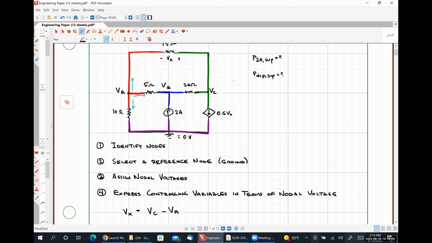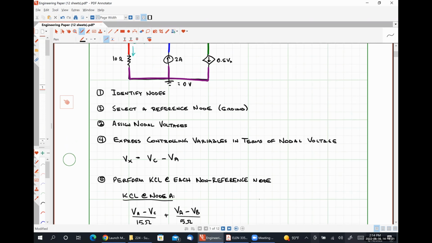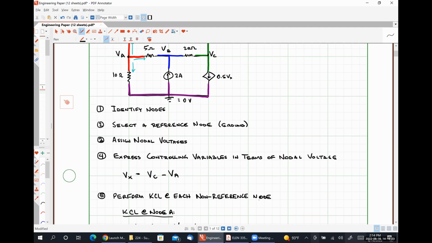I'm going to do something similar here for the current flowing through the 5 ohm resistor. So the current flowing through the 5 ohm resistor is going to look like VA minus VB divided by 5 ohms.